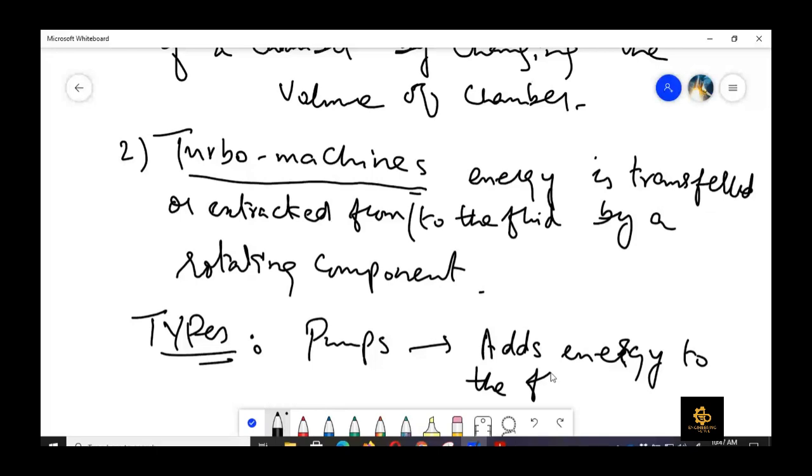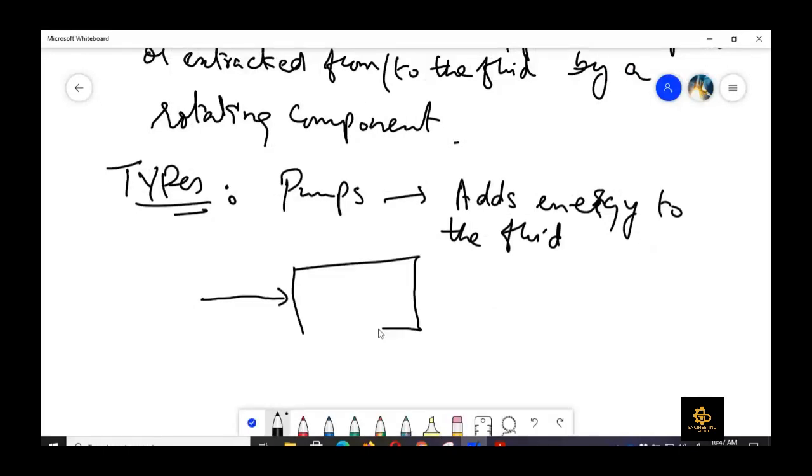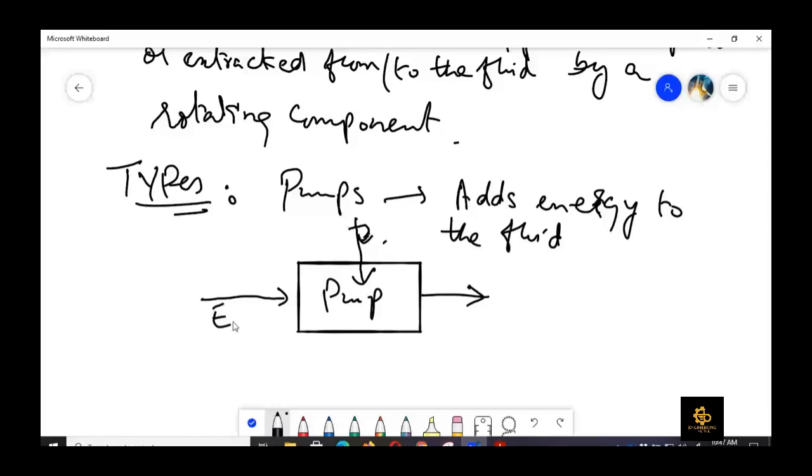So it means that if the flow is coming into the pump, then we get energy inside this by some motor. So if this is energy in of the fluid and this is energy out, then energy out would be greater than energy in case of pump.